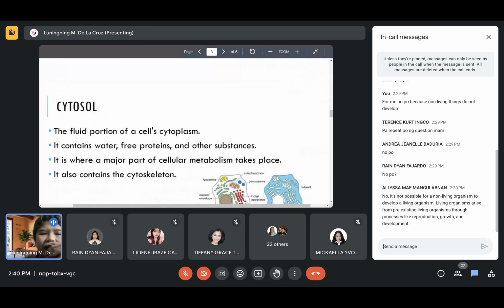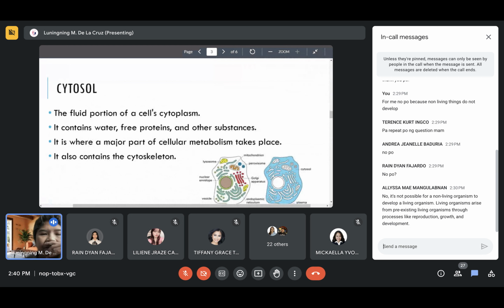The cytosol contains water and free proteins and other substances. It is where a major part of the cellular metabolism takes place. It also contains the cytoskeleton. So this is also the part that divides during cell division.